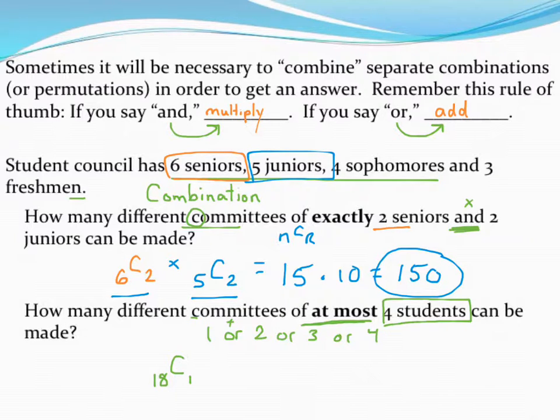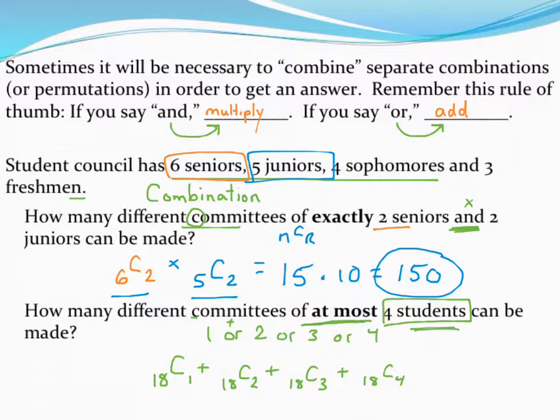Then so on down the list: a committee of 2 students is 18C2, a committee of 3 students is 18C3, and a committee of 4 students is 18C4. Once again, I'm using 18 because this time they just said students in general. All those ors tell me to add all those individual pieces together. Or is add, and "and" is multiply.